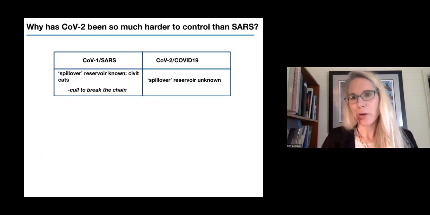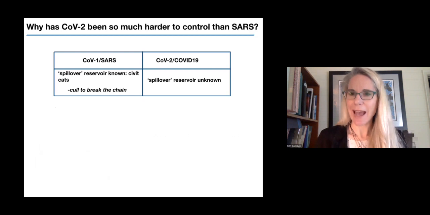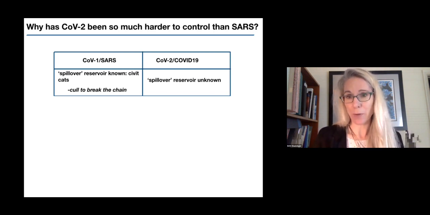So why is it, though, thinking back to SARS coronavirus, why could we bring that epidemic to an end after 1 year? And we are far, far from that being the case for the CoV-2 epidemic. And there are a number of likely possibilities for this. I just want to highlight three. The first is that, as I mentioned, we know the primary spillover intermediate host for SARS-CoV-1.